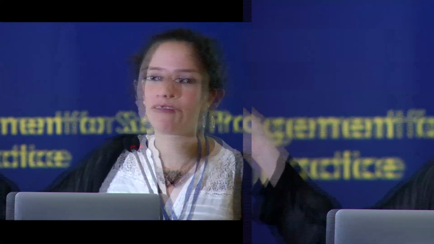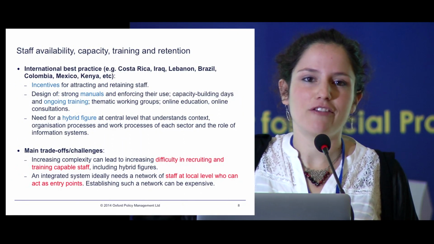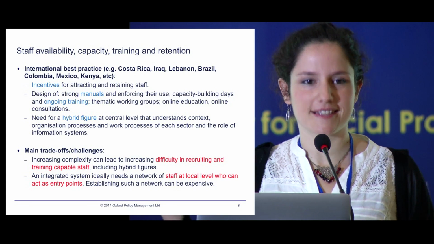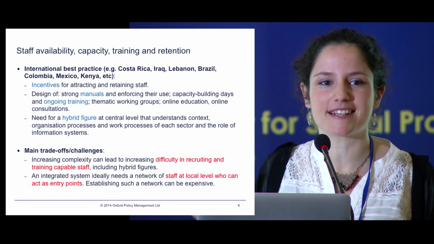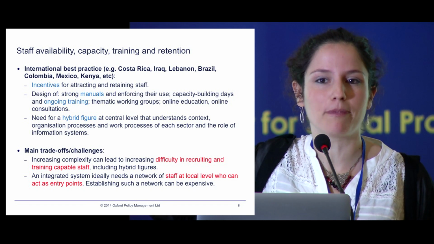So what are the best practices coming from the countries that we looked at? First of all, design very strong manuals. Now, writing a manual is one of the most boring things that exists on this planet, but it's essential, and it's essential that it's actually written by quite high-level people.